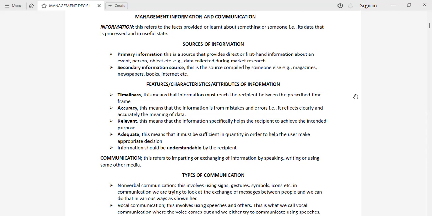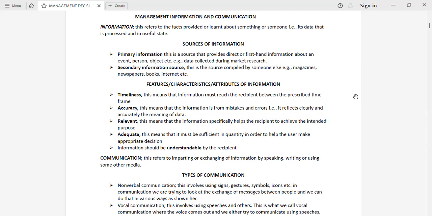If they consume it, then communication has been completed, because I'm the sender, and the audience or the viewers are the recipients. So the mode or the way I'm delivering the information is by speaking.